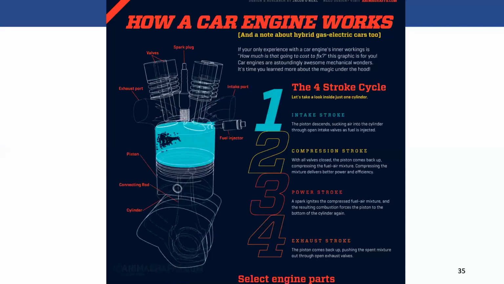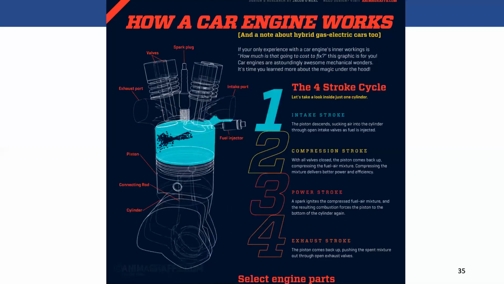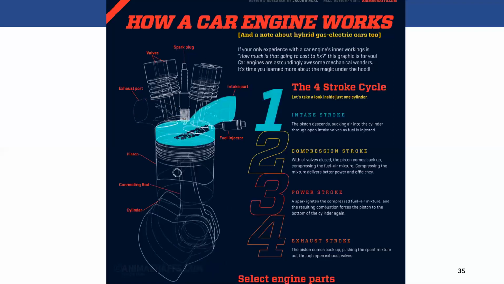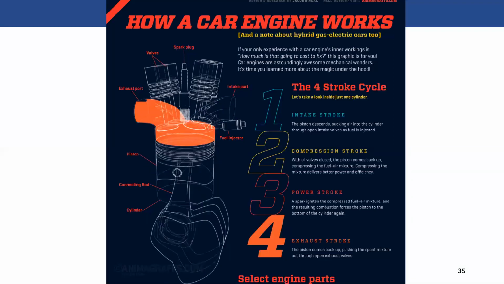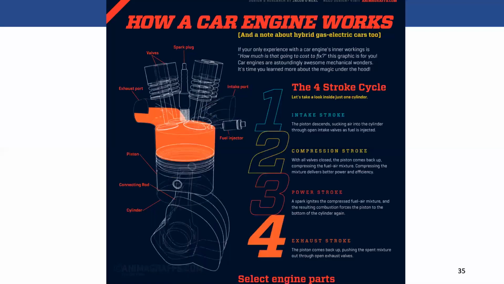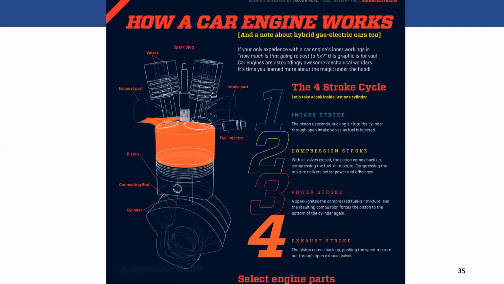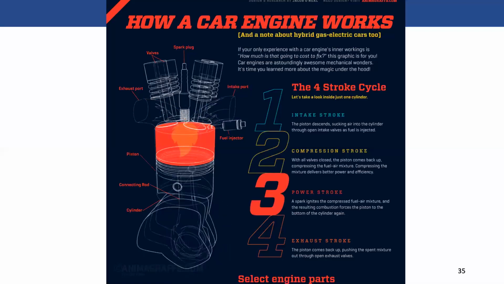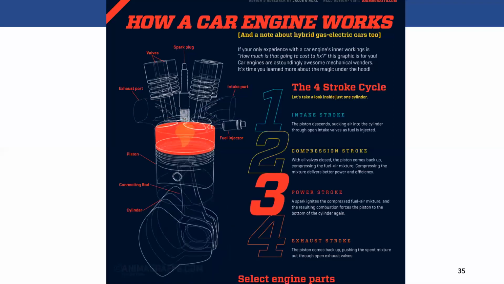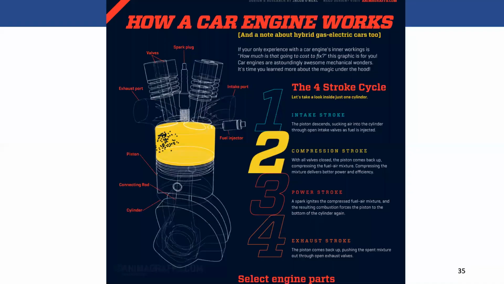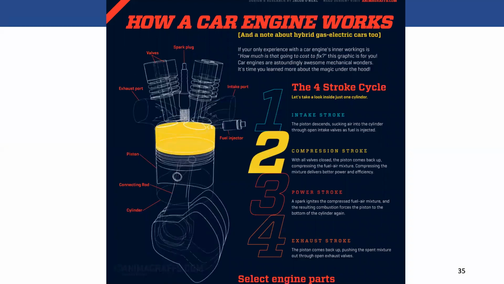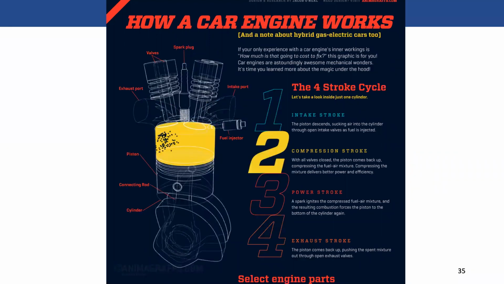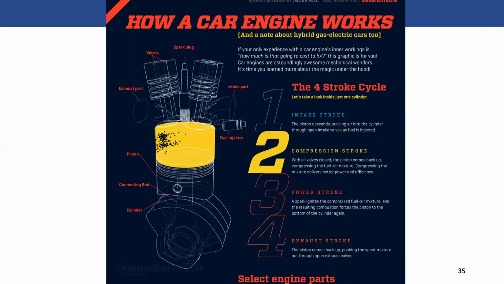And then in the fourth stroke, the piston comes back up, and what happens on that stroke, called the exhaust stroke, is it pushes the combusted mixture out through the open exhaust valve. This whole process is carefully designed and calibrated so that you can squeeze as much juice out of the fuel as possible, right? You want your piston to be operating at a certain temperature, at a certain pressure, and you want the whole mechanism to be compressing it to exactly the right conditions.